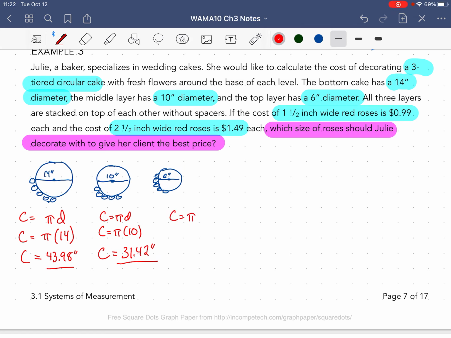And for the smallest cake, circumference is equal to pi times diameter. Circumference is equal to pi times 6, 18.85 inches.